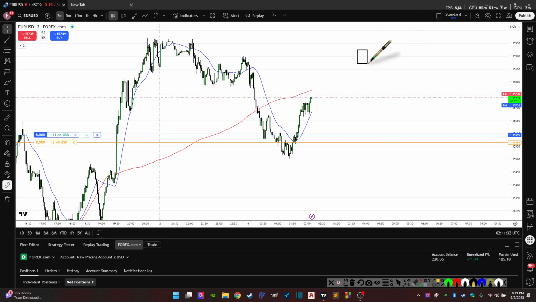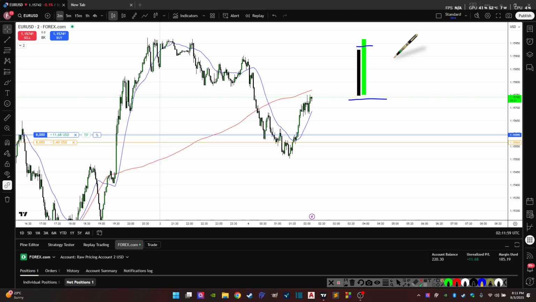Our entry is based on the change of color of these two candles. Here, we had a green candle break above the black candle, so we take our entry at the break of that black candle and put our stop right below it.